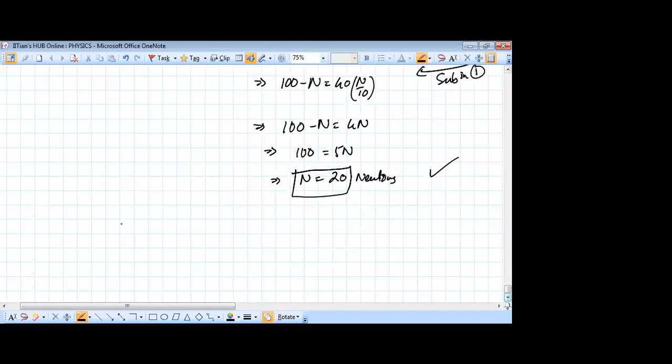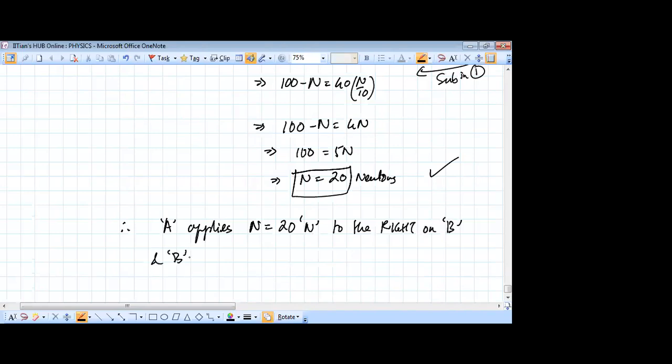That's one. So therefore, A applies N equal to 20 newtons to the right on B. Okay.